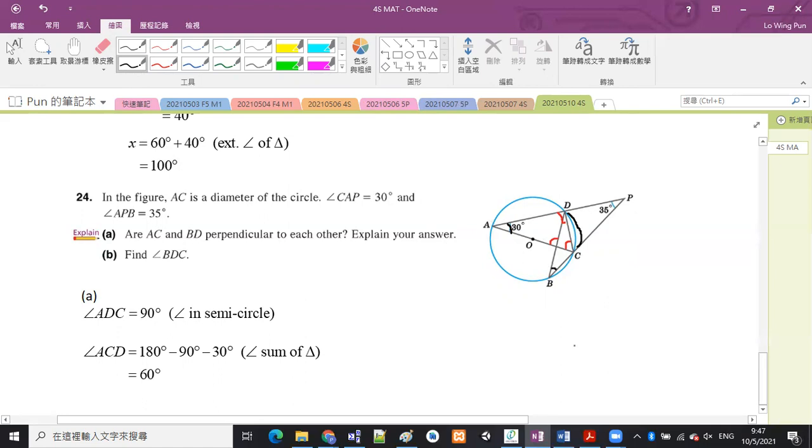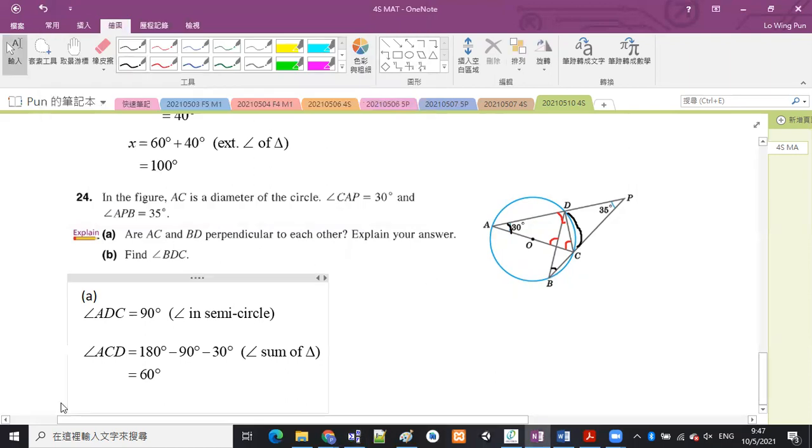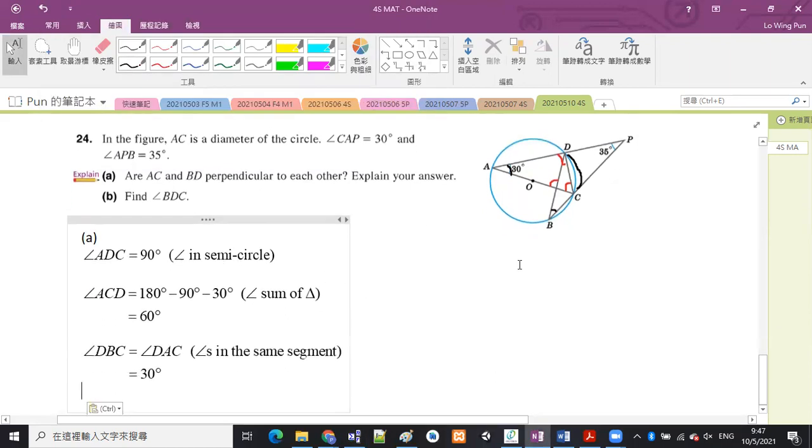So angle dot point C should also be equal to 30 degrees. So angle dot point C is equal to angle dot AC. Angles in the same segment, and they are both equal to 30 degrees. So this one is 30 degrees.